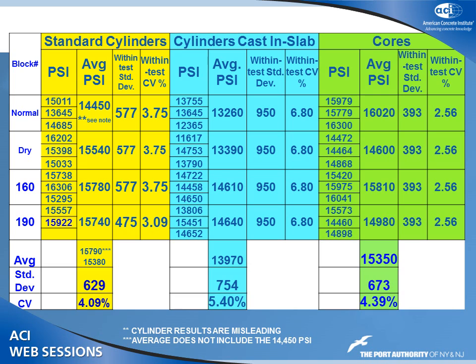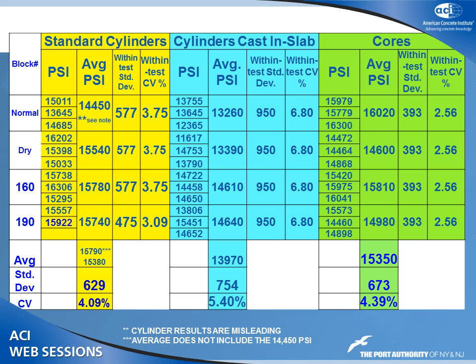The cores average 15,350. Not a significant difference. Hardly anything to argue about that there's some great damage to the cores due to coring for this particular concrete. And the standard deviation was not too bad either.